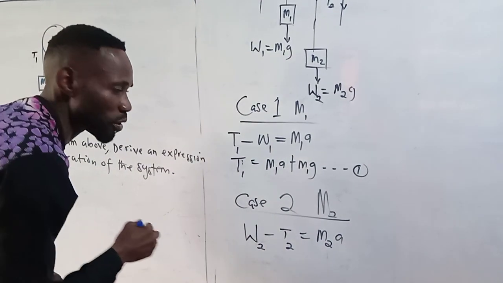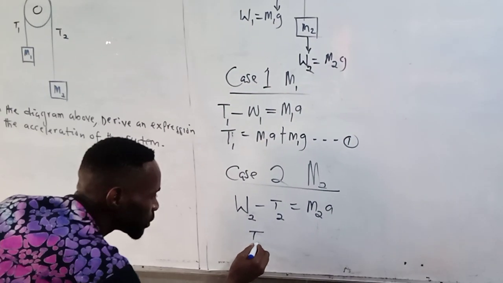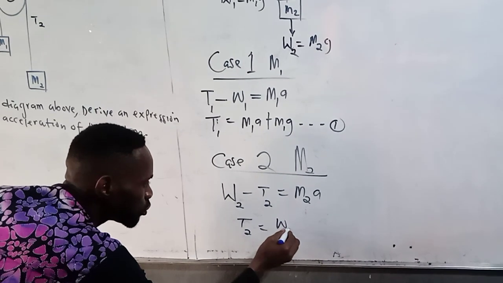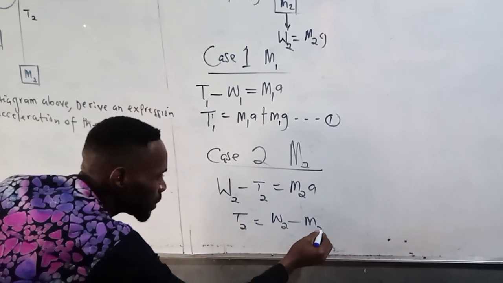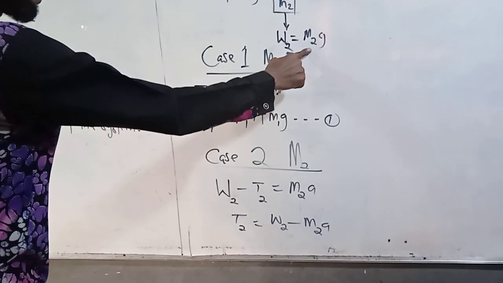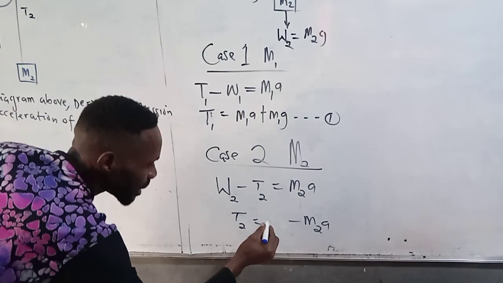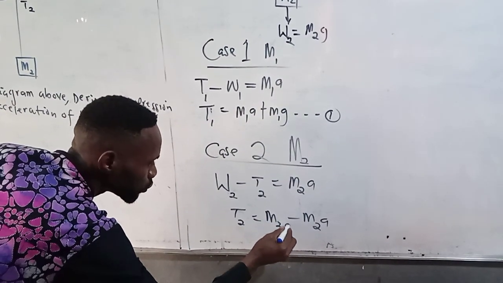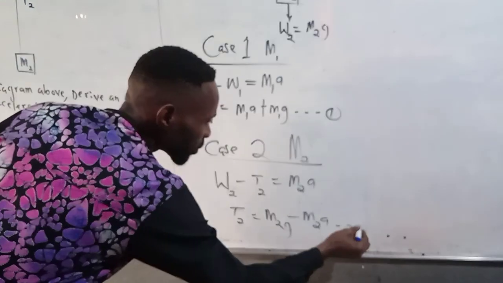If we make T2 the subject of the formula, our T2 now will be equal to W2 minus M2A. And remember, our W2 is M2G. So I remove this and I put M2G. So this now is our equation number 2.